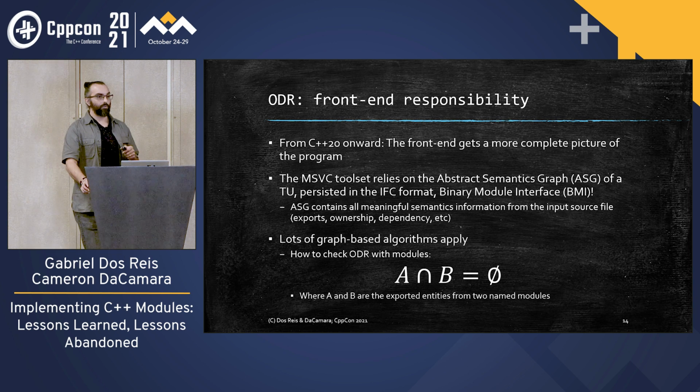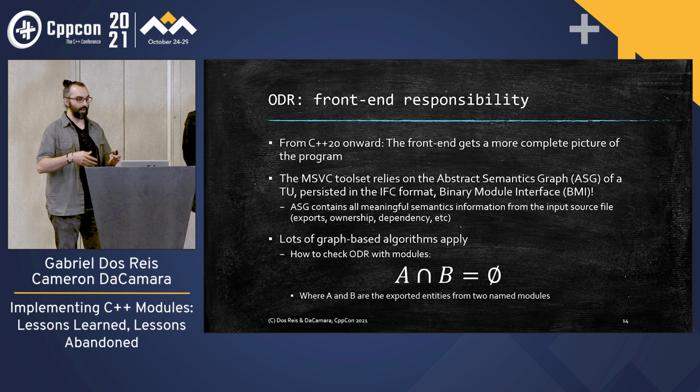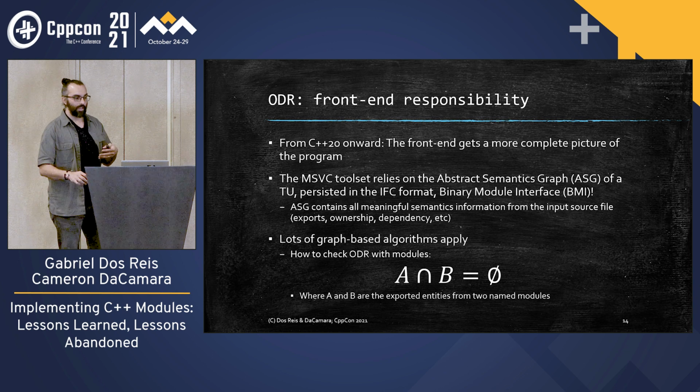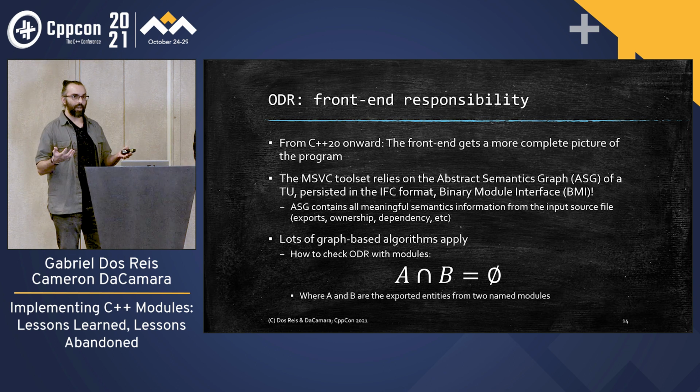So what can we do now that we have graphs stored on disk and we have a conceptual graph for the current translation unit? Generally, C++ is modeled as a graph. So the easiest way to check for ODR, because we have two graphs, is to do an intersection. If you have a set of declarations A and a set of declarations B, you take the intersection of those two, and if that comes up empty, you have no ODR violations.